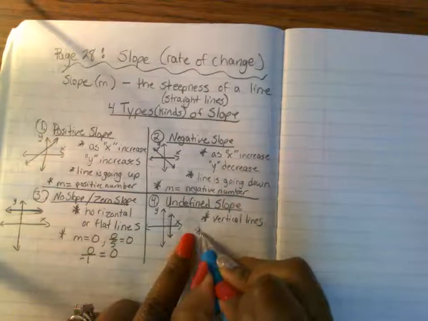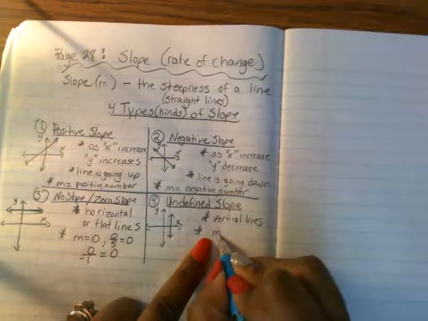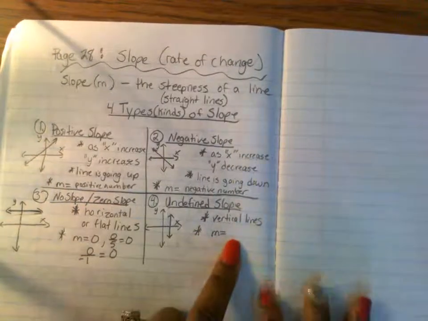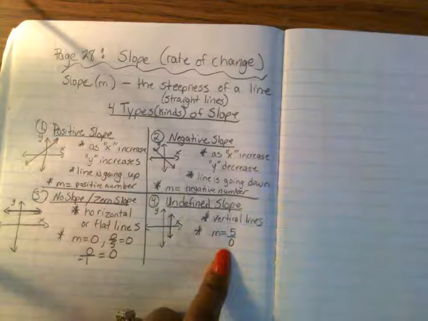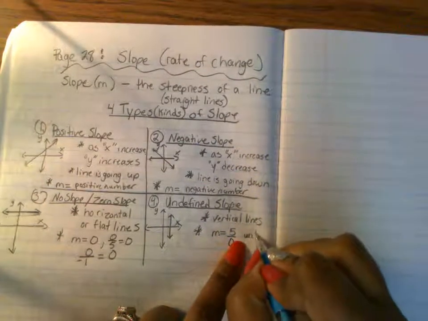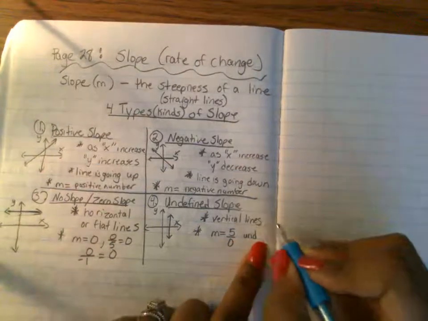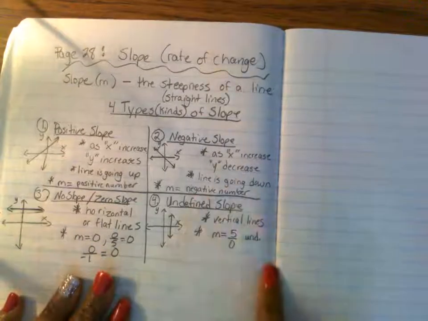What does that mathematically look like? That looks like this, where you have m is equal to, and your top number is a number, but the bottom number is 0. This then you would say is undefined. And we can use the abbreviation UND for undefined slope.